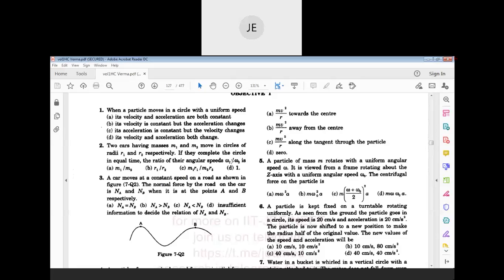The options have centrifugal force as mv square by r or m r omega square. This is the expression for centrifugal force. But m omega square a or m omega naught square a, that we have to focus on.